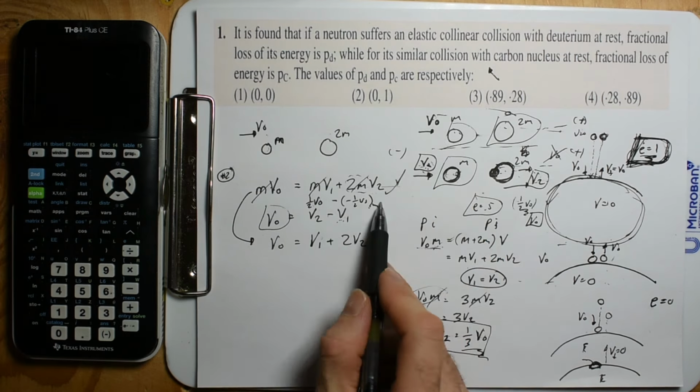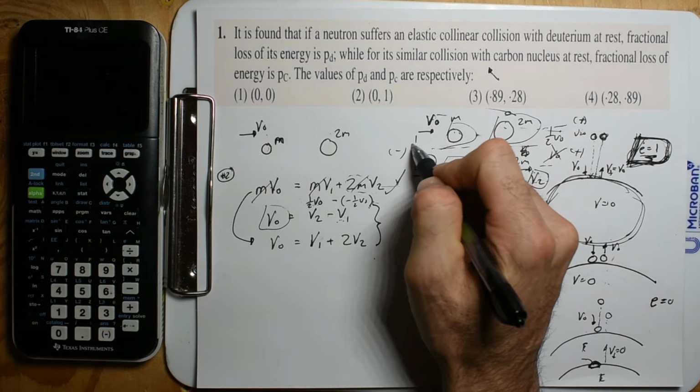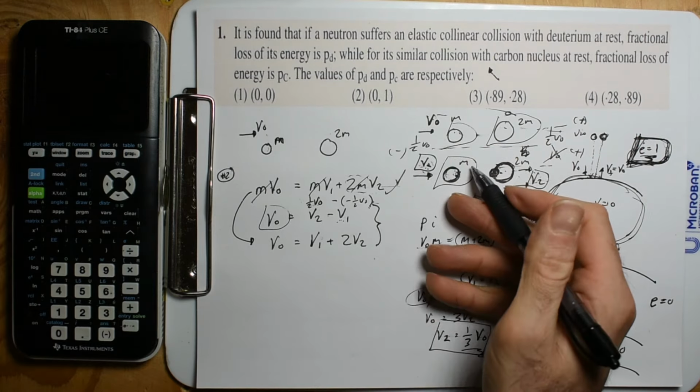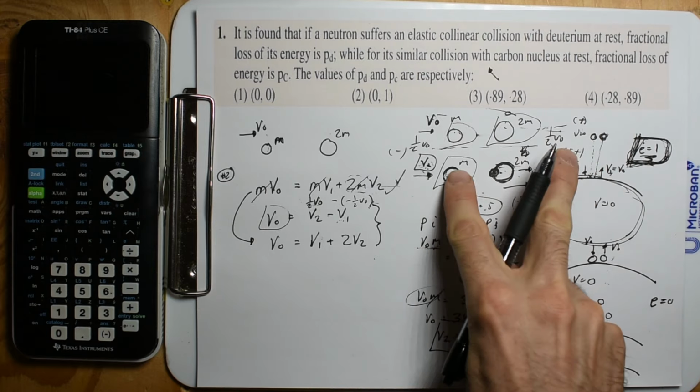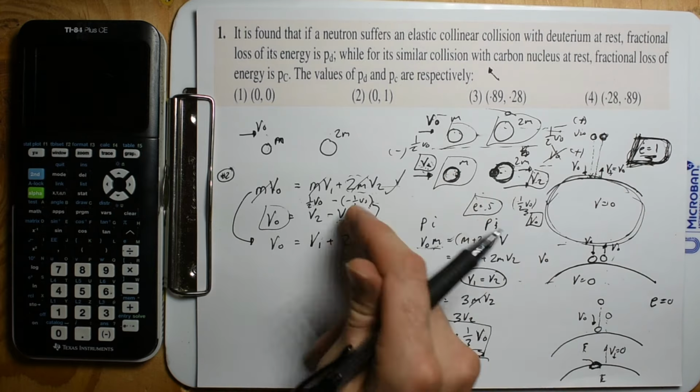If this hits this, and let's say this goes 1/2 v naught that way, and this one rebounds at 1/2 v naught that way, we'll do a check on momentum, and you'll see the check on momentum won't happen. So that's still not the answer, but it's good to just do 1,000 different problems.